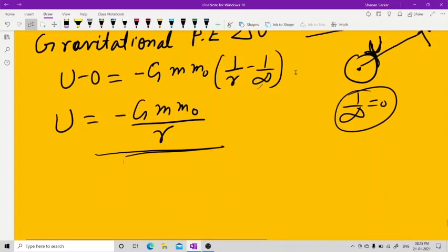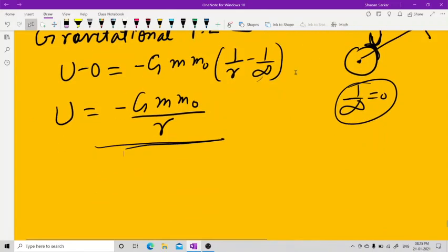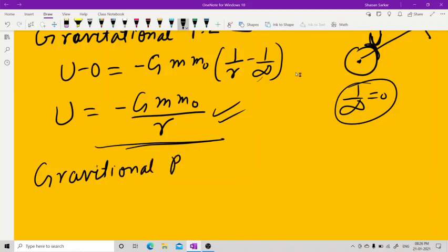This gravitational energy is quantified. Whichever expression you want to derive this from, you will get the same value with this minus sign. So gravitational potential energy is quantified.